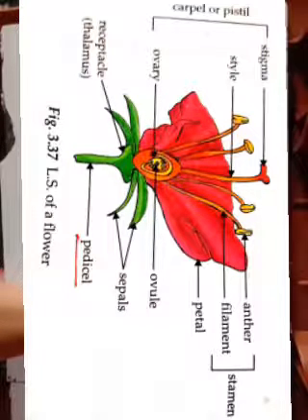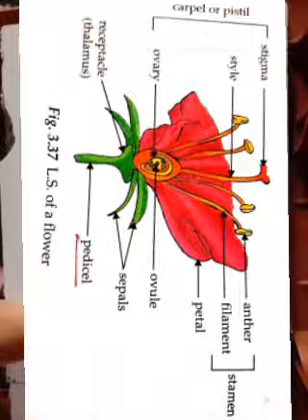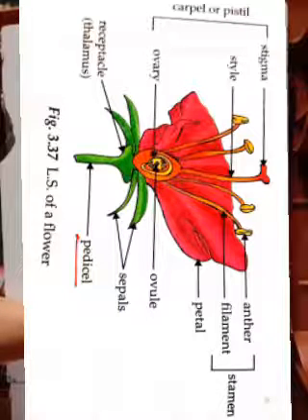In this flower, these are the petals. They form a whorl called corolla, and the sepals form a whorl called calyx.